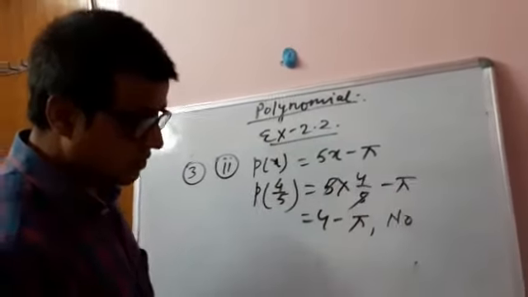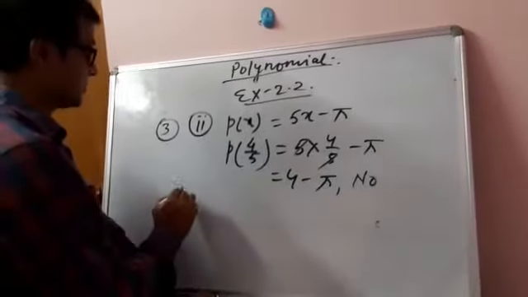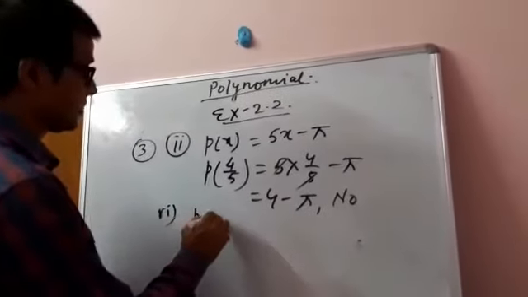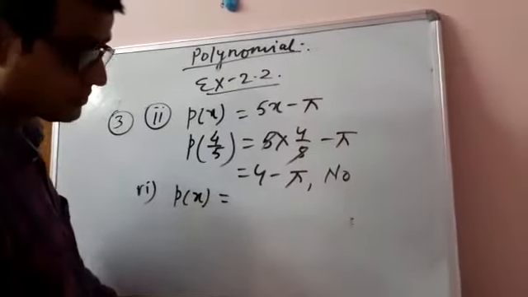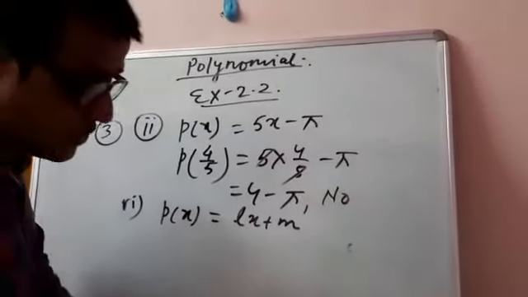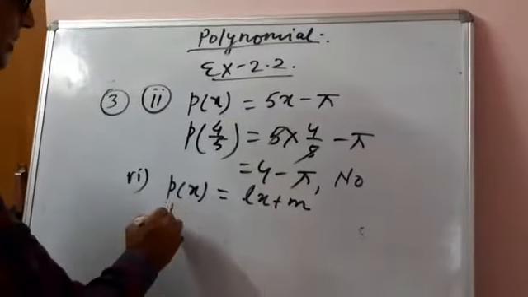So, shall I do any more questions? I am taking one more question, the 6th part of question number 3. It is p(x) is equal to lx plus m. Here what we need to do is substitute the value of x, which is minus m by l.